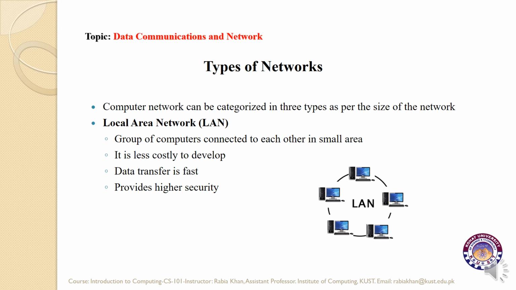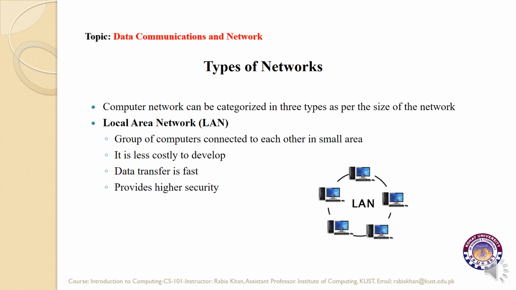As we just said, a computer network is a group of computers that are linked to each other, that enable a computer to communicate with other computers and share resources, data and different applications.